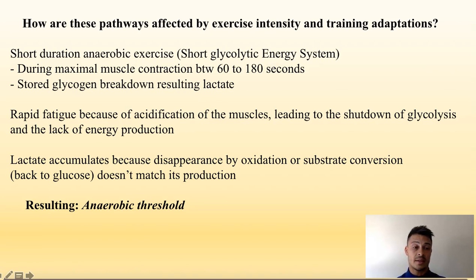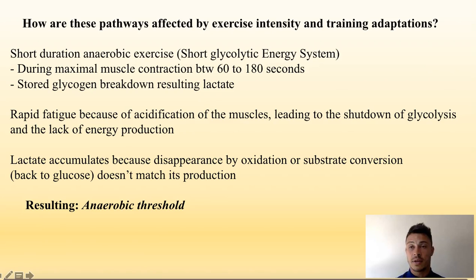With that said, rapid fatigue occurs because of acidification of the muscles, leading to the shutdown of glycolysis and the lack of energy production. One of the reasons lactate accumulates is that disappearance by oxidation or substrate conversion doesn't match its production.